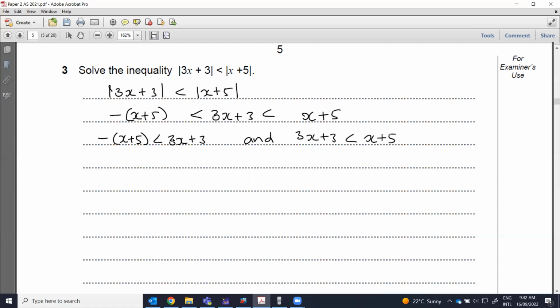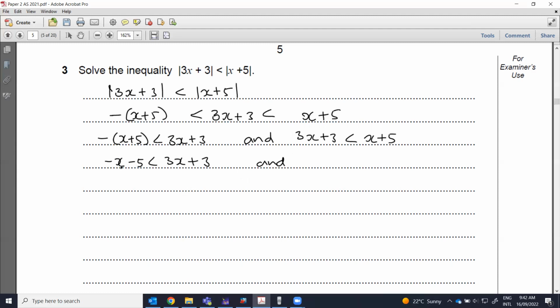Now, solving this inequality is pretty simple. First, this minus 1 must multiply out. So we have minus x minus 5. This is less than 3x plus 3. And here, there's nothing to do, so I'm going to focus on this one, solve it until the end, and I'll come back and solve this one. So with this inequality, just like we do with equations, we want all the terms with x on one side, the terms that don't have x on the other side.